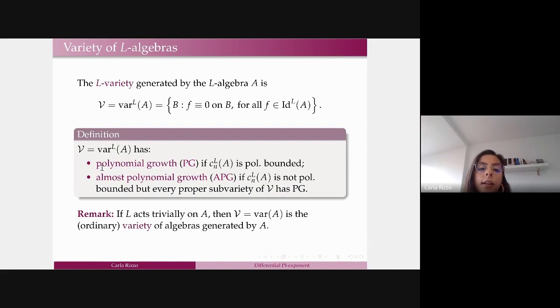We say that our variety V has almost polynomial growth if the codimension sequence is not polynomially bounded, so it grows exponentially, but every proper subvariety has polynomial growth.